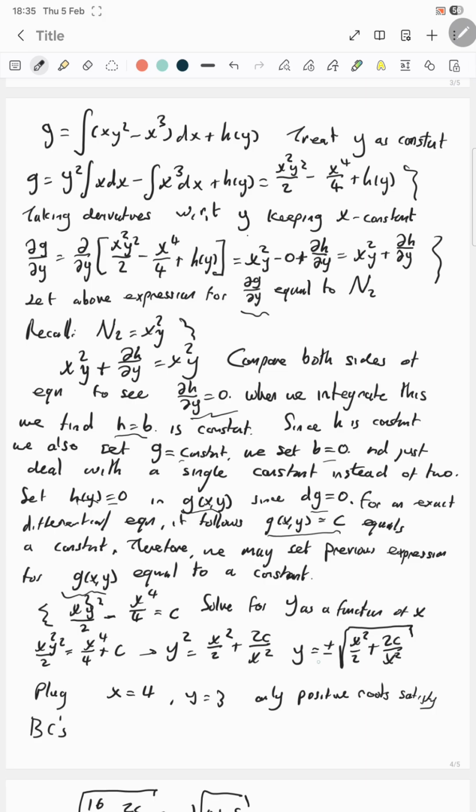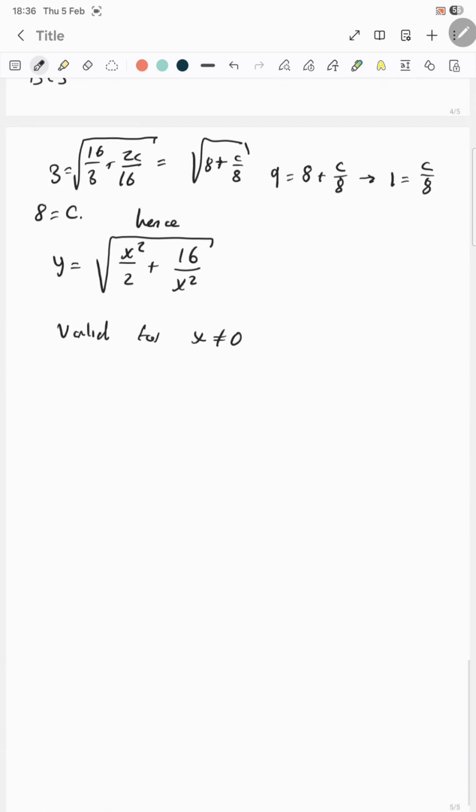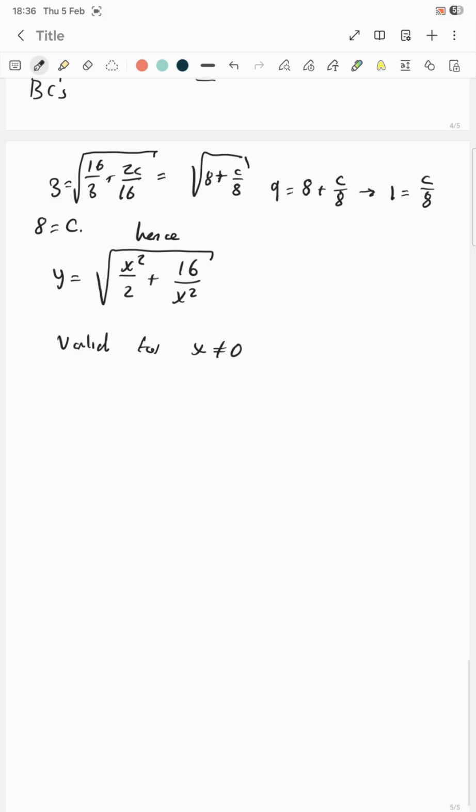We solve for y as a function of x here, and this is our y as a function of x. We plug in the values of x equals 4, y equals 3, and only positive roots satisfy the boundary conditions given. Upon plugging these values in, we get our value for c. So our final answer, y equals all of this, which is valid for x does not equal 0.